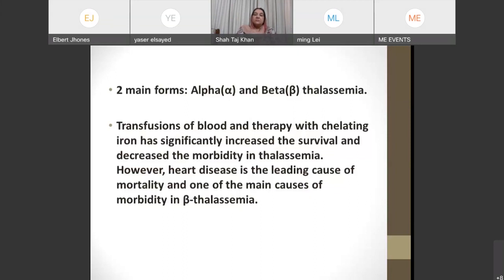Although they don't take blood, they still have cardiac problems because of iron overload, mainly because of the increased absorption of iron because of the anemia, and because of the hemolytic process that is going on, and the oxidized iron is being absorbed and deposited into different organs of the body.